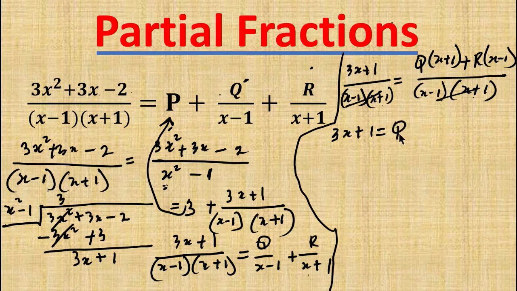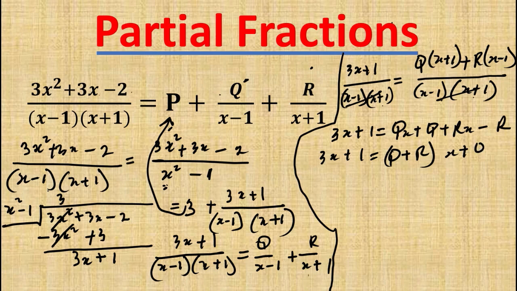That will be qx plus q plus rx minus r. Now I have qx plus q, I have rx minus r, now we can collect like terms. So that 3x plus 1 will be the same thing as q plus r into x. I've brought everything that has x together, plus q now minus r.